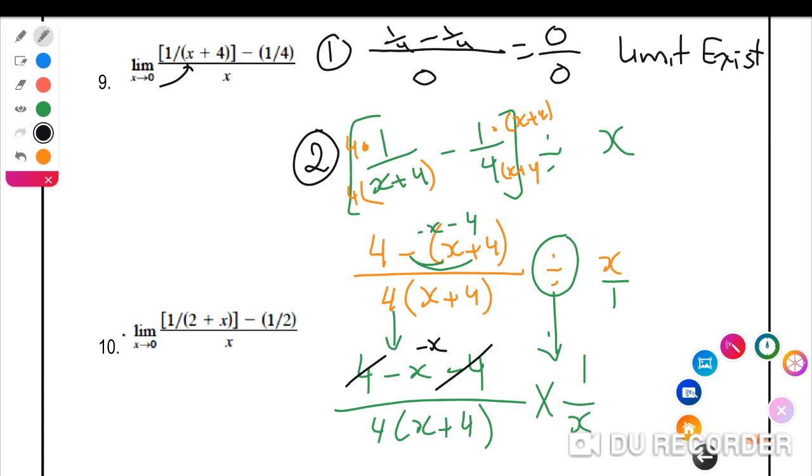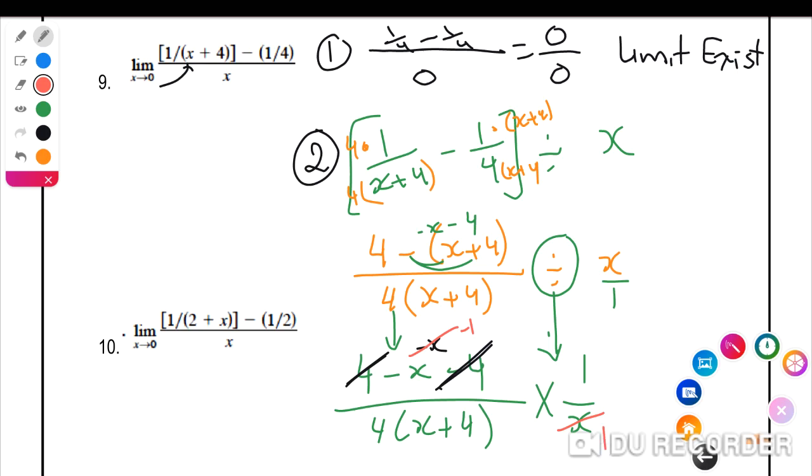But still, I have to simplify first. Never and ever cancel or simplify any term in the numerator with the denominator when the terms are related by minus or plus. No, it should be multiplication. Here I cancel this one first, then I simplify the x with negative x, which will be negative 1, and here 1.